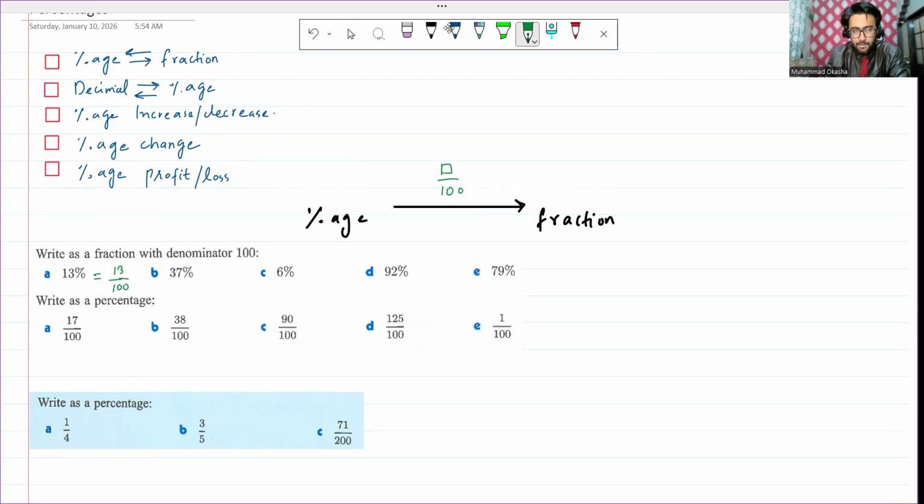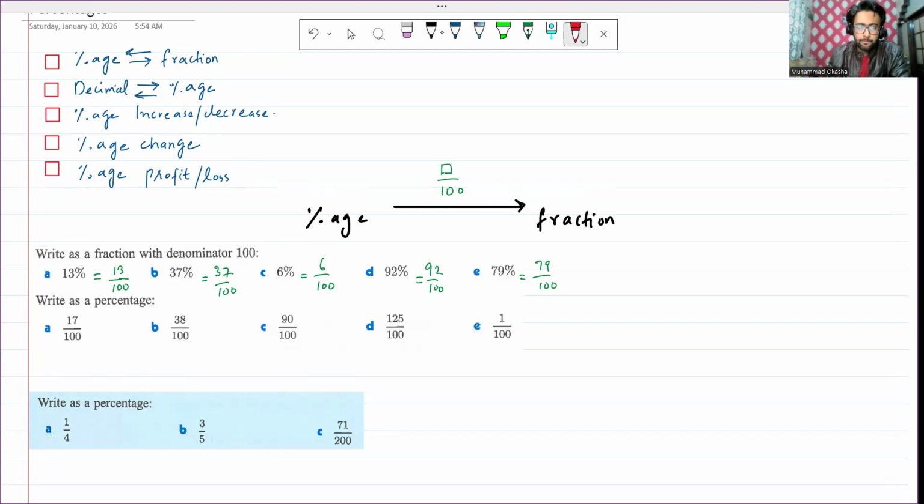I won't write a percentage. 37%, 37 over 100. 6 over 100. 92 over 100. 79 over 100. As simple as that. If you see a percentage and you want to convert it into a fraction, simply divide by 100.